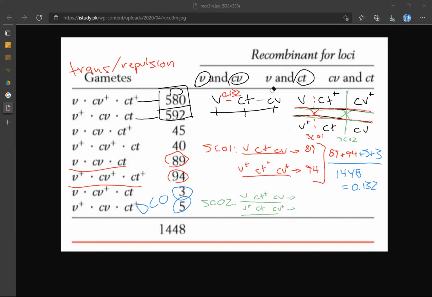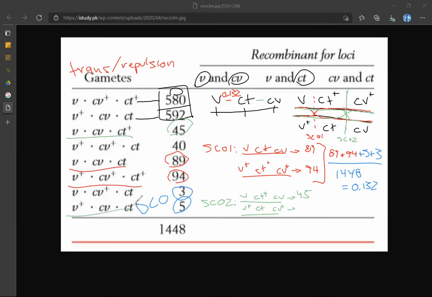So we have these genotypes and we can look in our progeny for their number. We have V CT plus CV, which is this one, and that's 45. And then we have V plus CT CV, V plus CT, where are you?